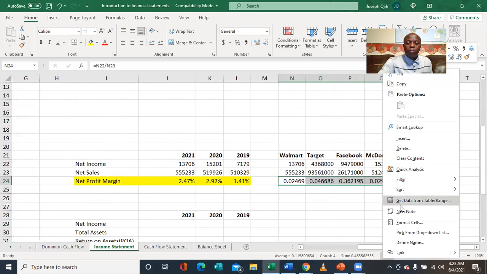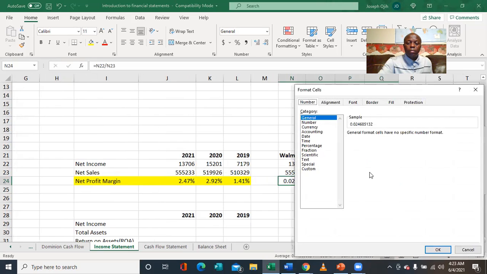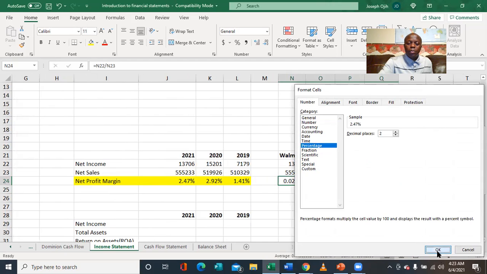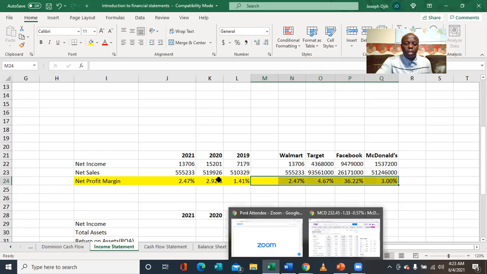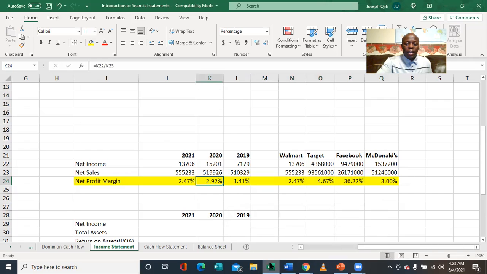Right click, format cells, and make them percentages. So you can see among all these companies which one generated more sales from their activities.